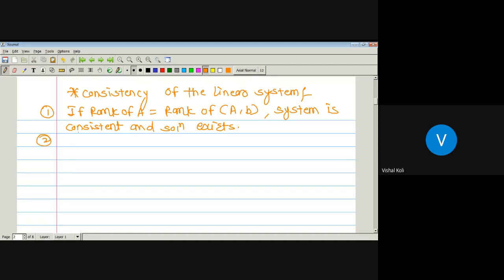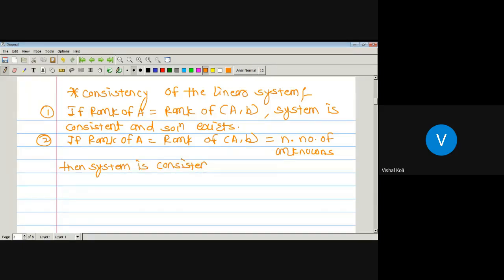Now second one, if rank of A is equal to rank of the augmented matrix AB, and which is equal to n, the number of unknowns, then the system is consistent and the solution is unique.